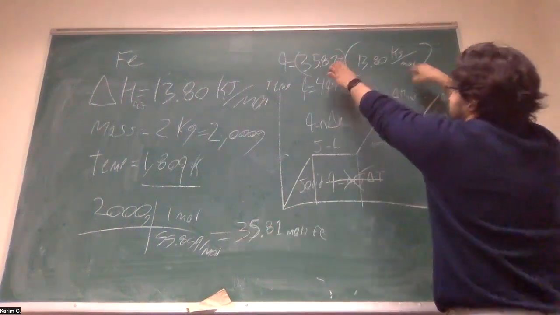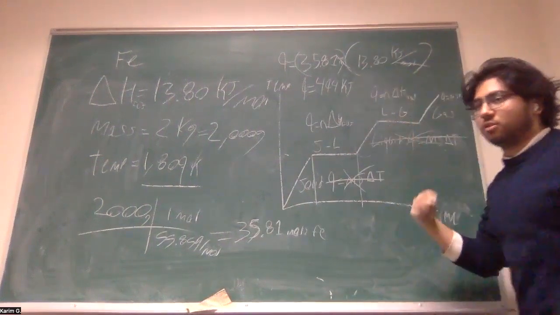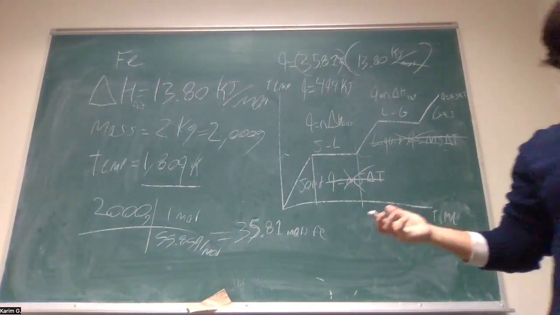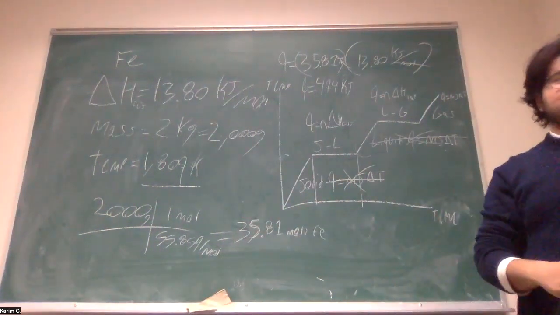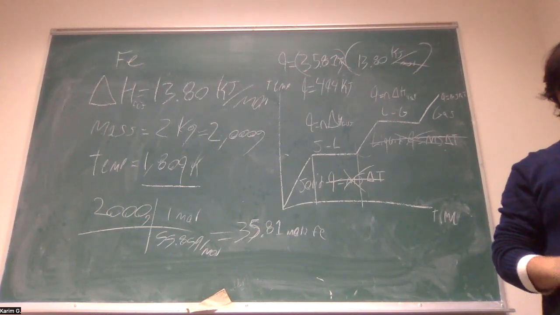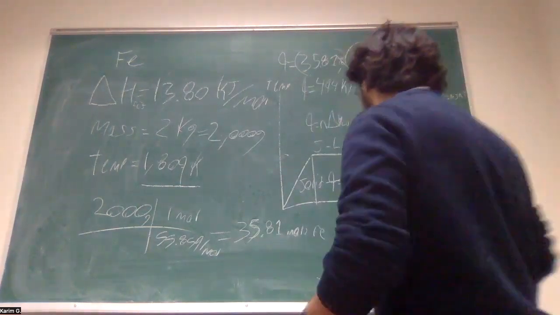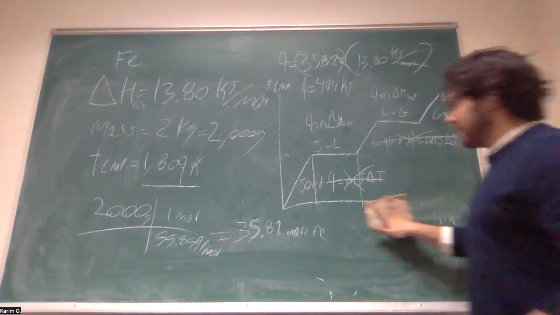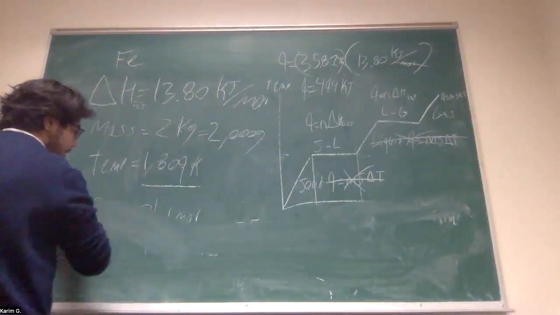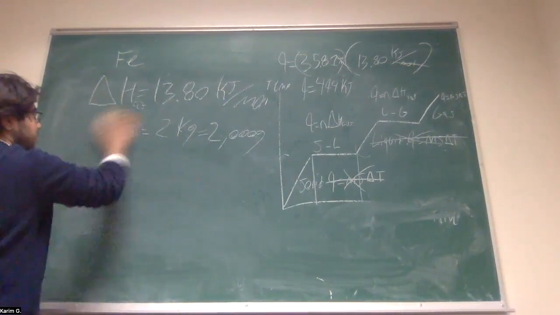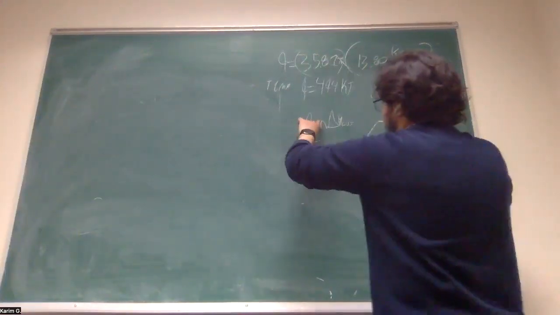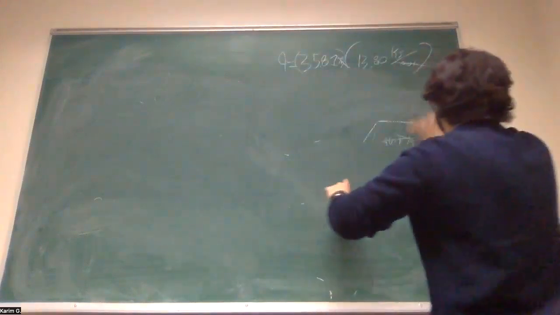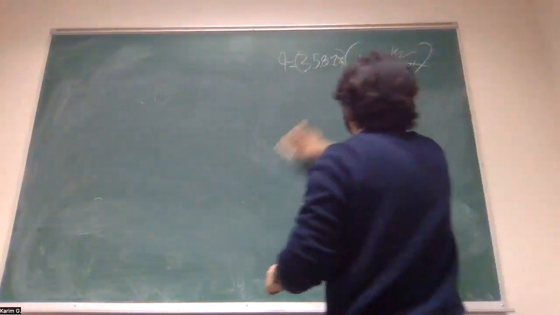Because in this process, the moles and moles cancel out, so you'll be left with kilojoules. Does that make sense for everybody? Okay, cool. So you gotta watch out for little things like that. When it says melting point, you want to only focus where it's already melting. You don't need the other formulas.